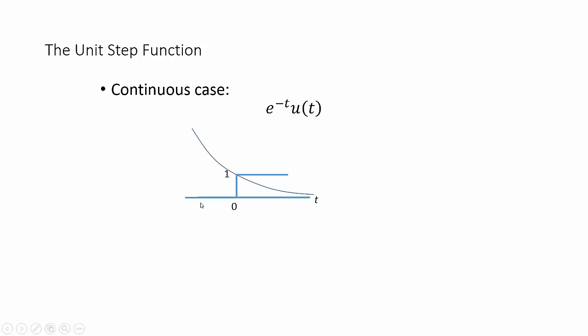When we take the product of them, we have a 0 times our function when time is less than 0, and when time is greater than 0, we have a 1 times our function. 0 times anything is 0. 1 times anything is anything. So we wind up with a 0 and then our function. This is the method we use to turn a function on at some given time.